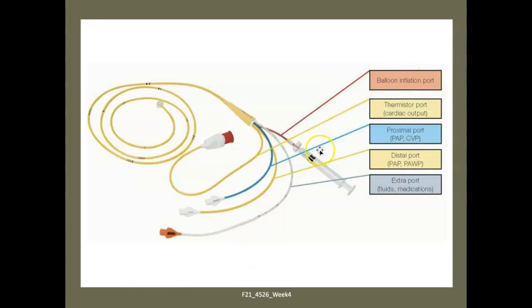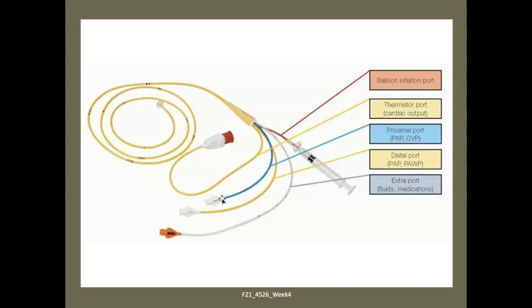There's a balloon inflation port that's important. There's a thermistor port, which is required when you're measuring cardiac output. But these are the ports that are important for you when I was talking about the right atrial pressure. This port here, the blue port, will be connected to a monitor, and it'll measure your right atrial pressure.